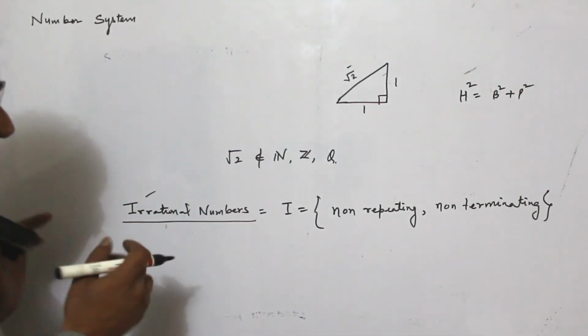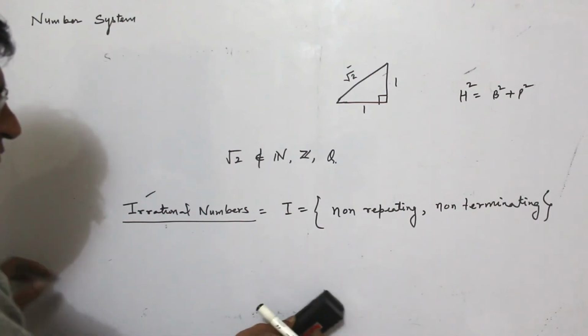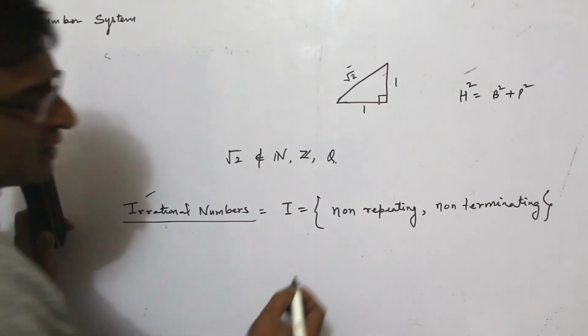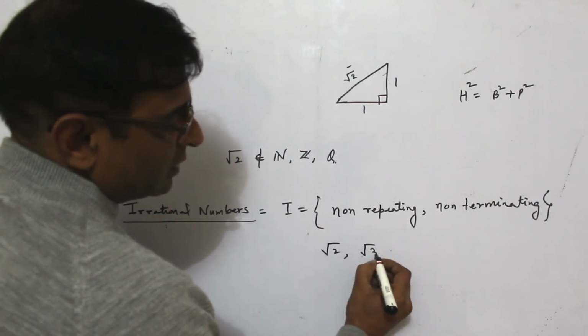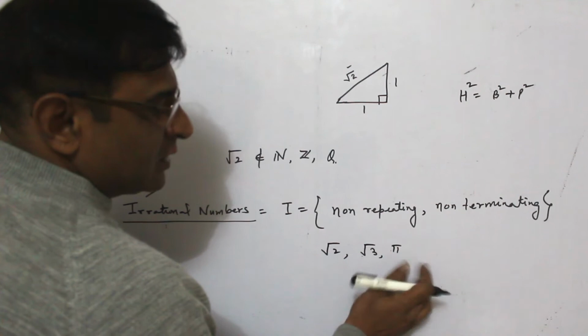Now if I ask for an example of an irrational number, you can say under root 2, under root 3, pi, this kind of number.